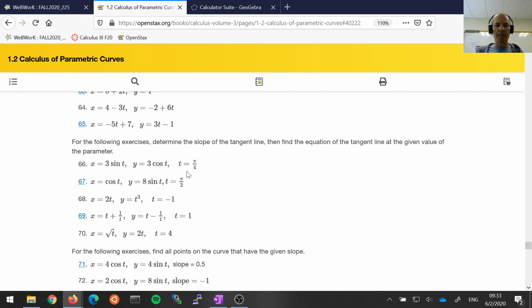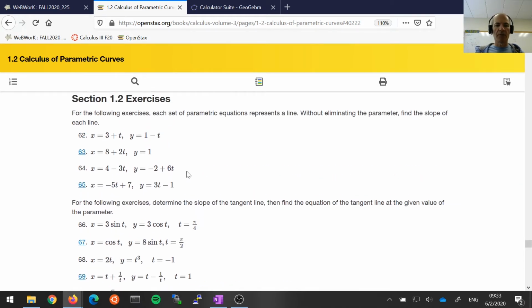So that's right here. And the instructions for problem 65 are, without eliminating the parameter, find the slope of each line. So notice that all of these parametric forms involve only t to the first power in both coordinates.